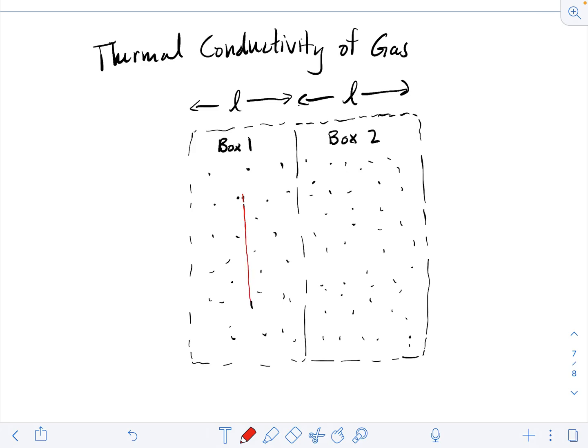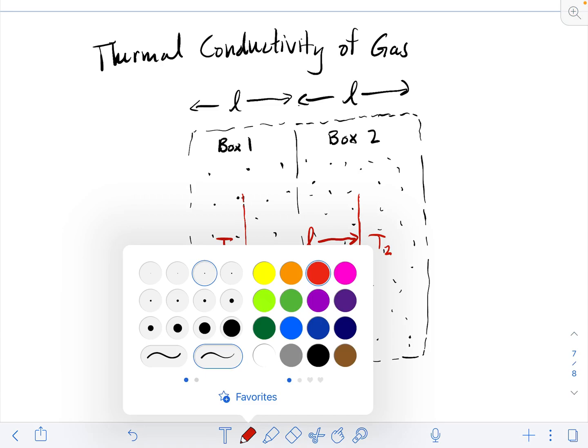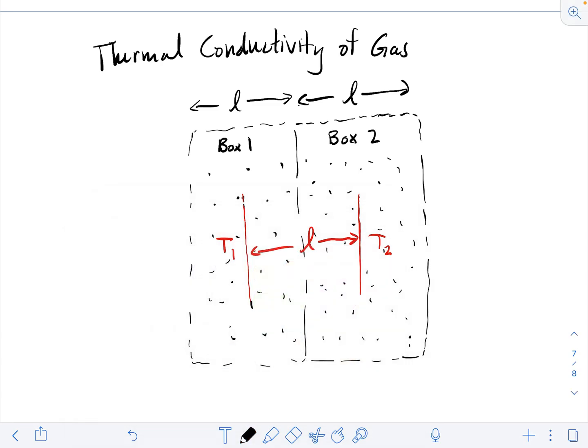So here's some position in the center, and if we were to measure the temperature of the gas, we would get T1, and then over here at the center of the second box, we measure the temperature of the gas, and that's T2, and the distance between these two centers, the way we've constructed our geometry, is L, one mean free path.